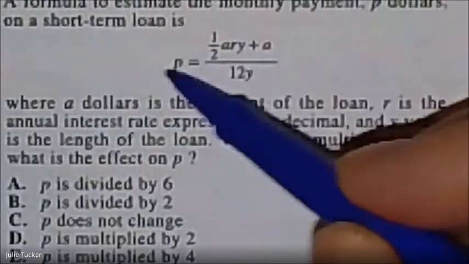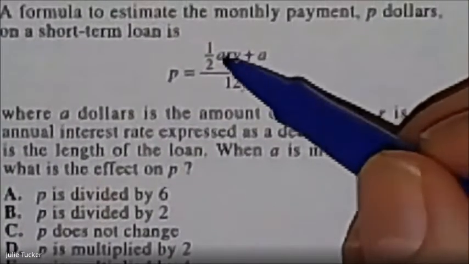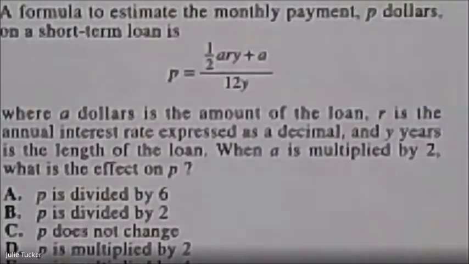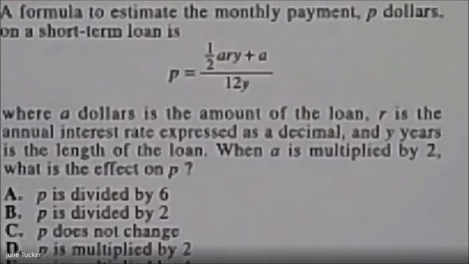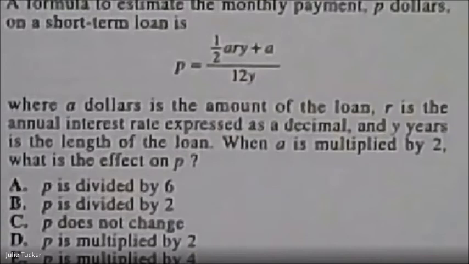So basically what they're saying is, if you double the A, how will it change the final answer? That's not very nice of them, is it? What if you do something like this?